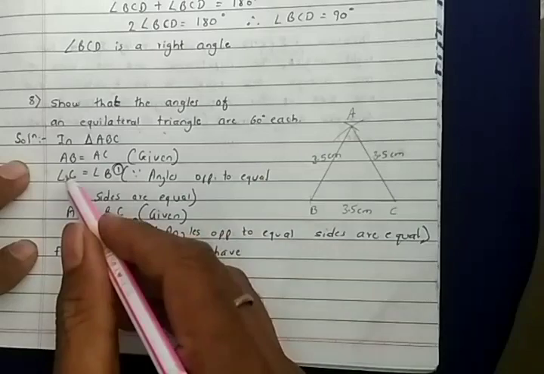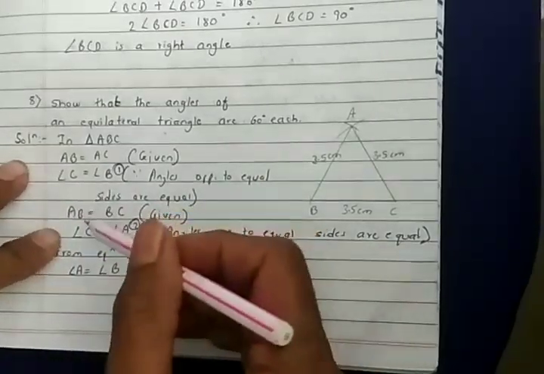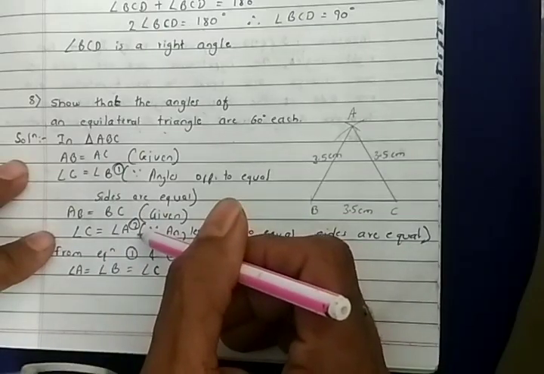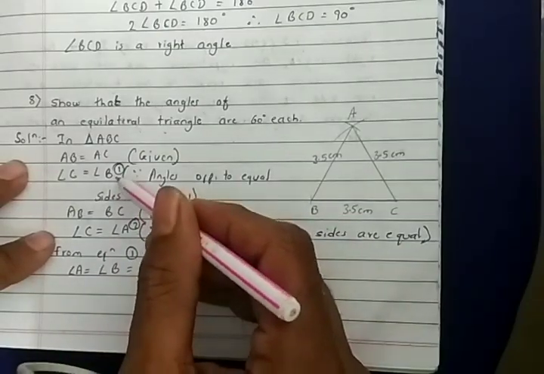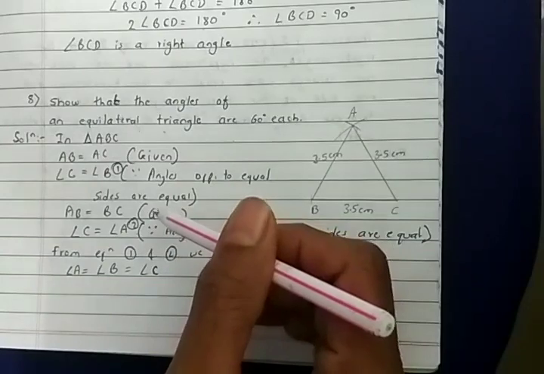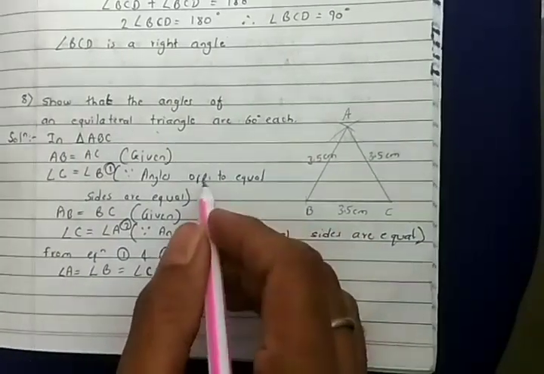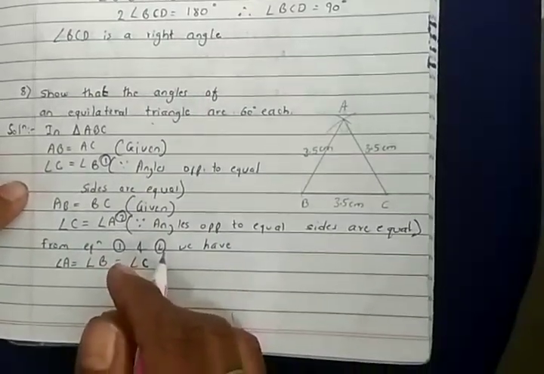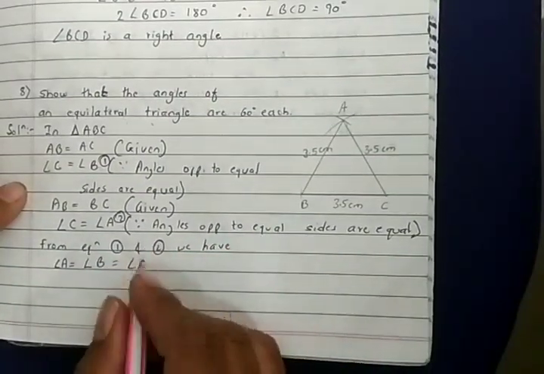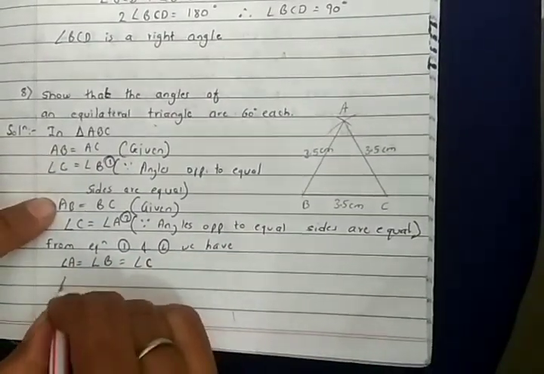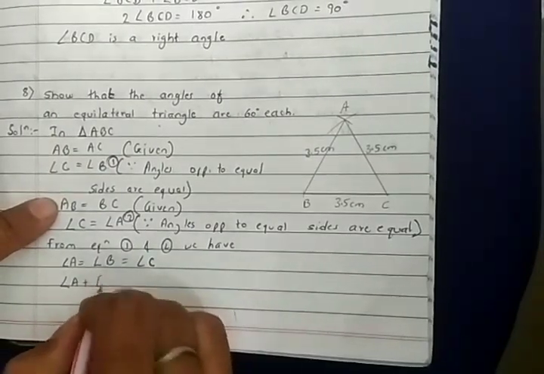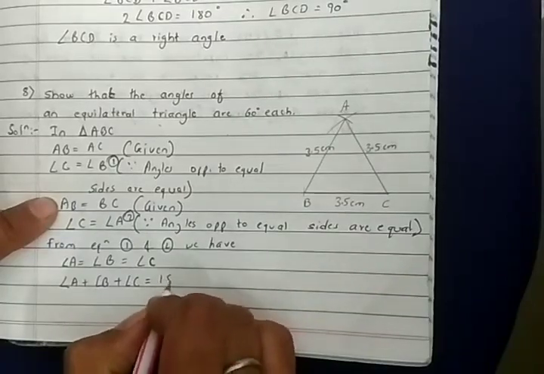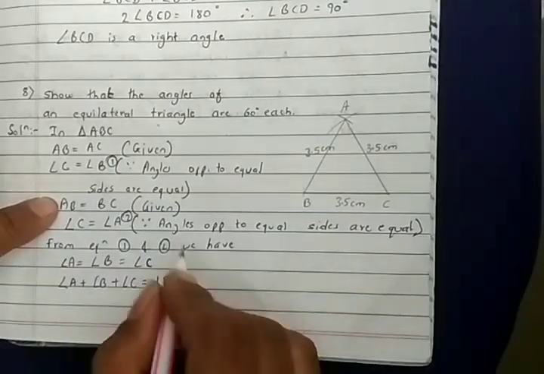All these three will be similar, because angle C is equal to angle B and angle C is equal to angle A. So angle A will be equal to angle B, right? You remember Euclid's axioms? We have learned in chapter number 5. So if we add all these angles, angle A plus angle B plus angle C, their sum will be equal to 180 degrees, right?